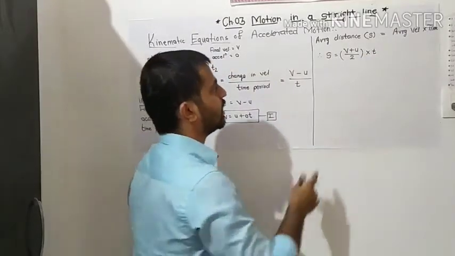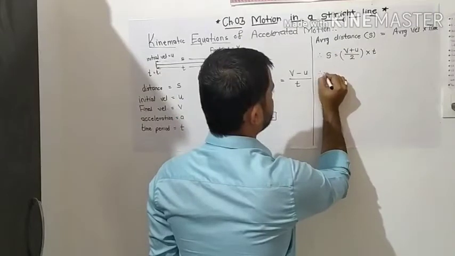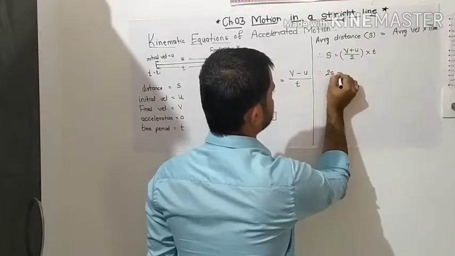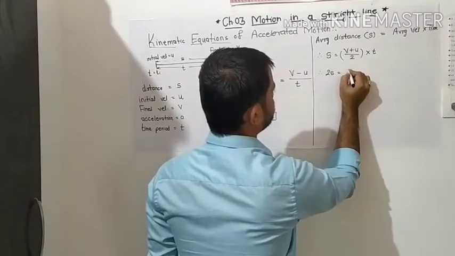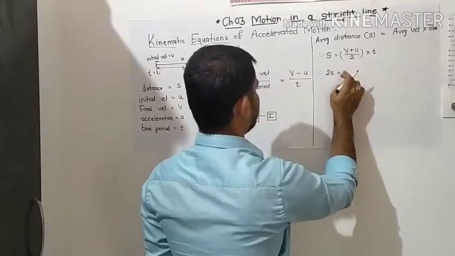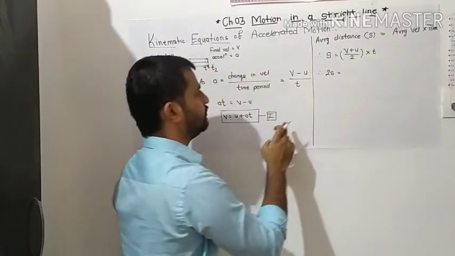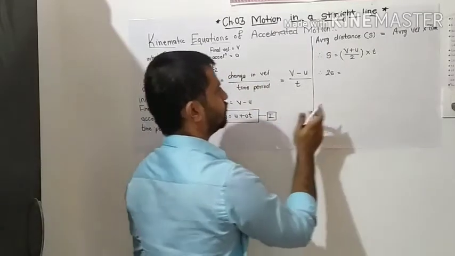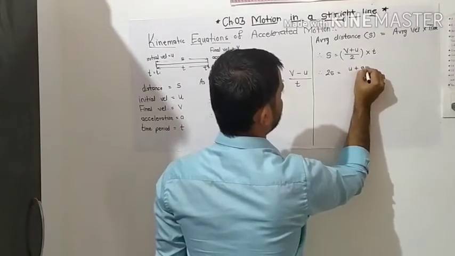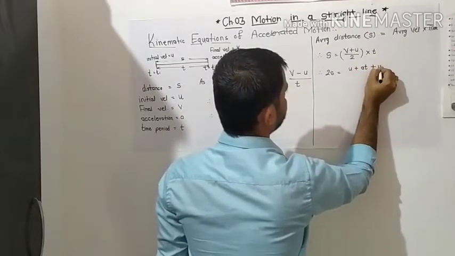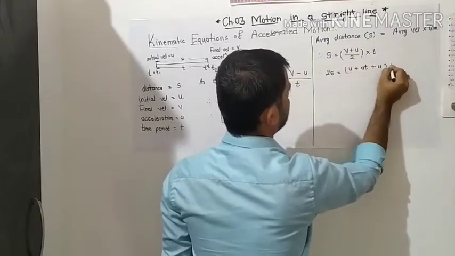So we can write here, therefore twice s is equal to u plus v. What is the v from here? u plus at. So we can write v is equal to u plus at, plus u into t.